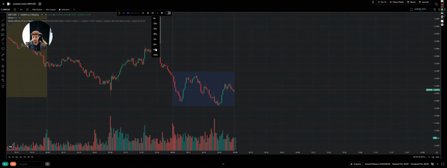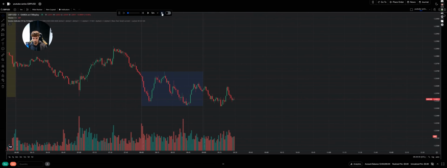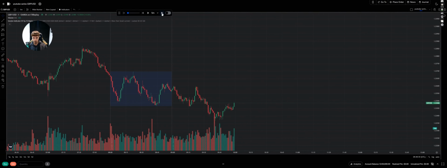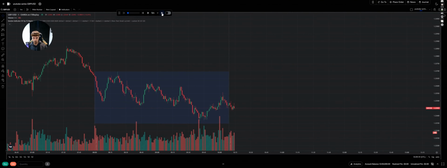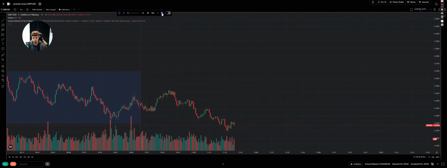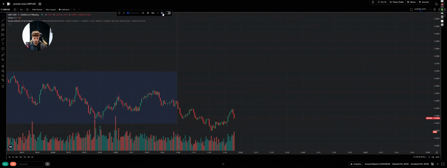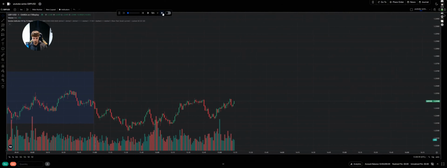So what we need to see next is a break of structure to the upside. We swept again. We need to see a break of structure. Swept again. Still need to see that break of structure. It might come in New York session potentially. So we'll see if that comes in New York.